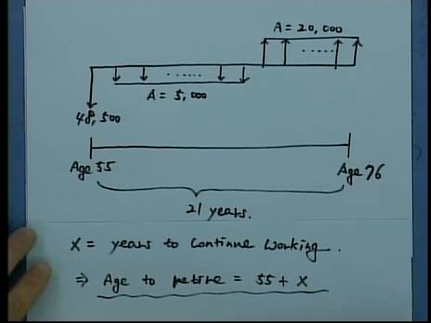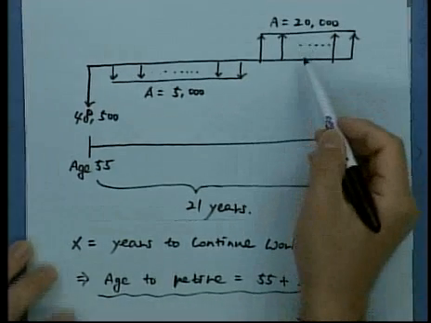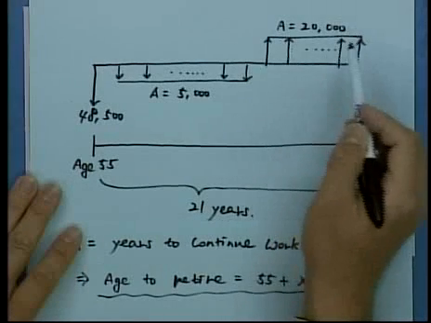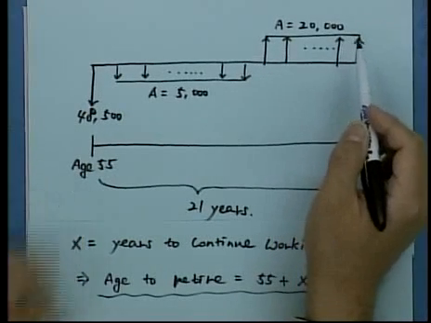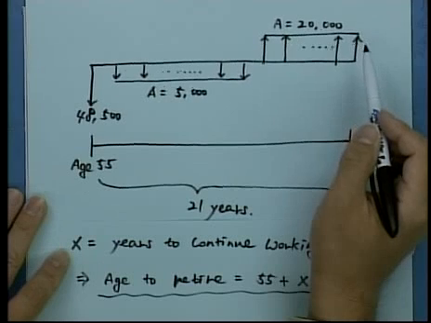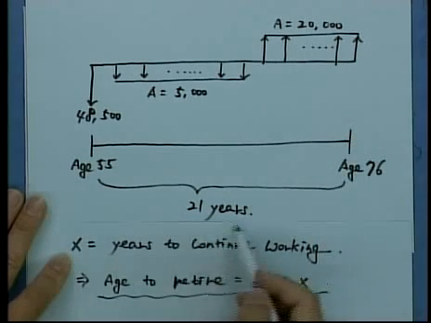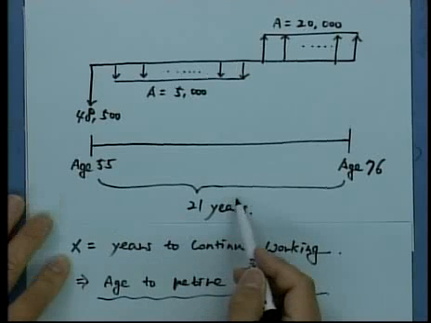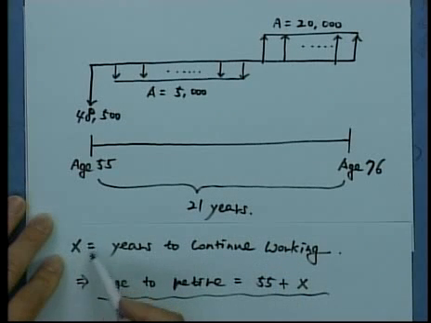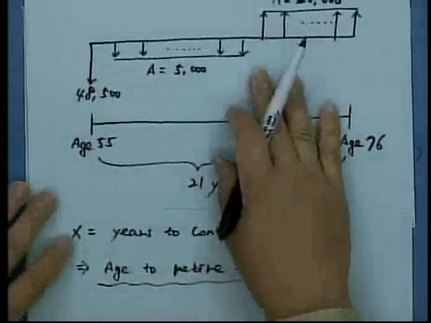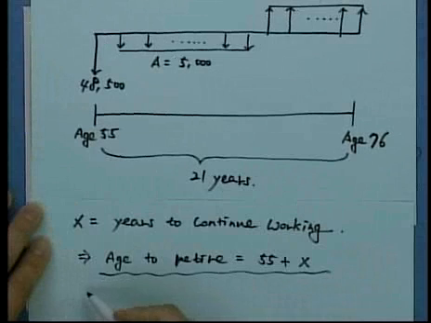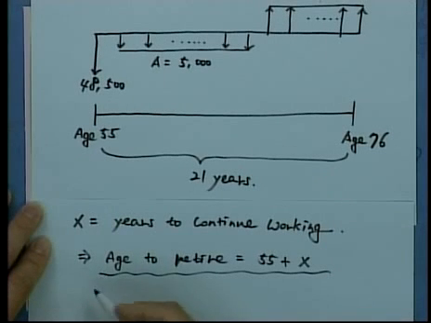He will receive this for a total of 21 years minus x years.